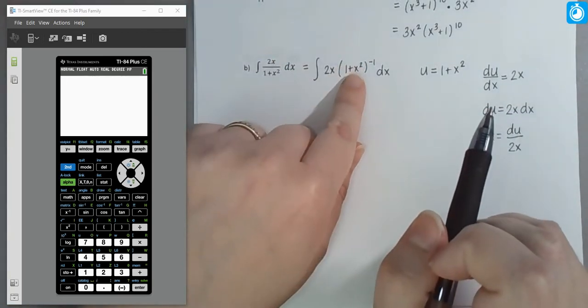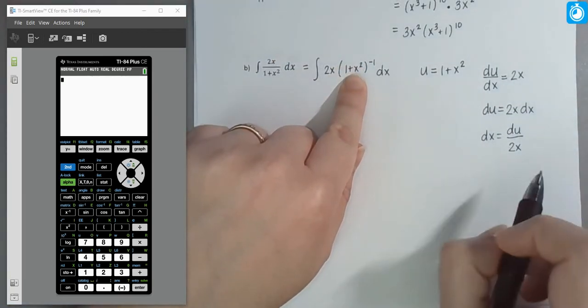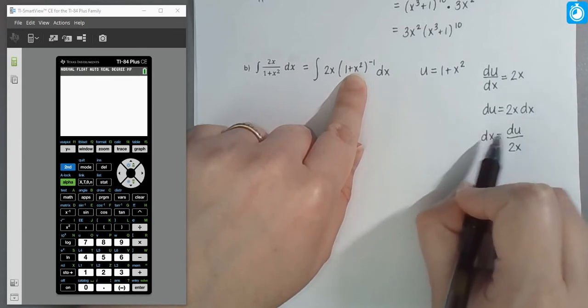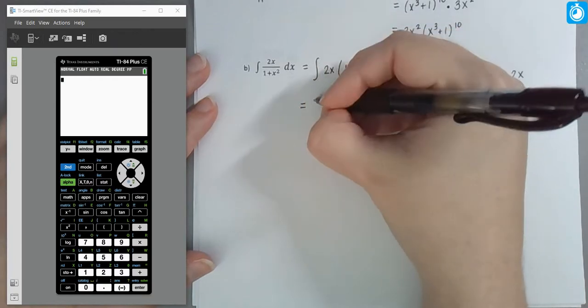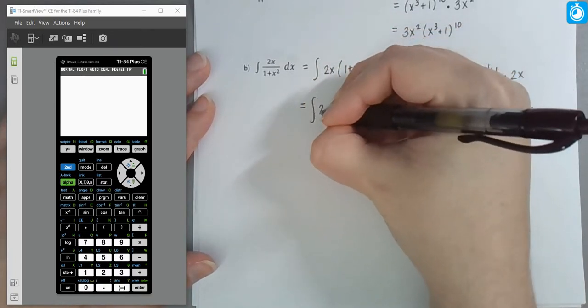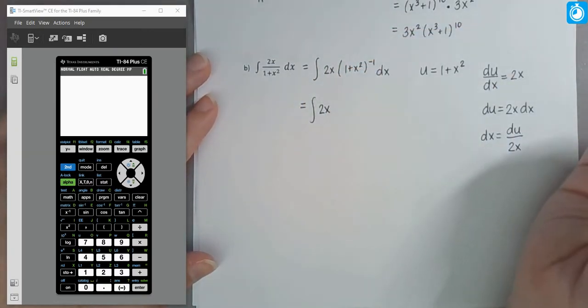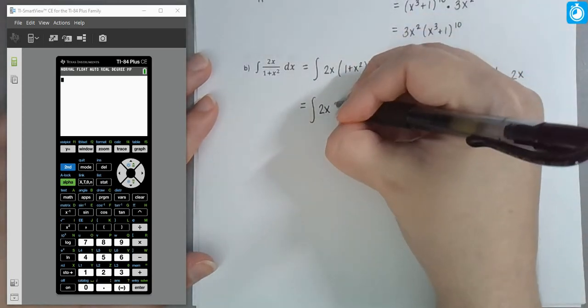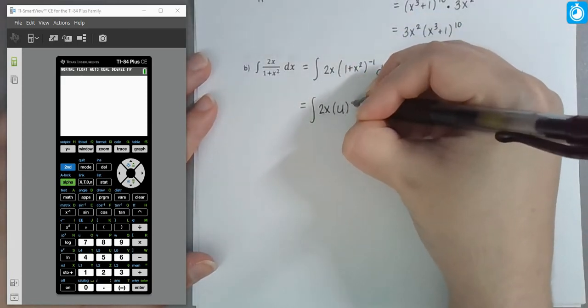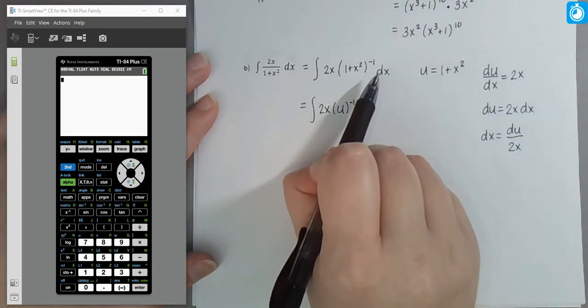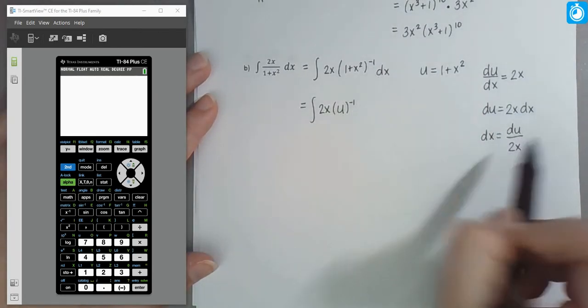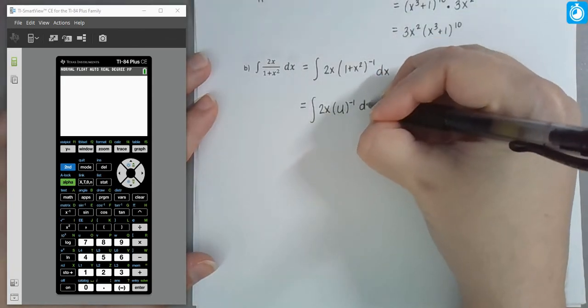So not only am I going to replace my inner function, but I'm also going to replace my differential with du over 2x. So let's make that substitution. We still have our 2x out front, but remember, everything worked out the way it needed to in the end for the previous example. So that leaves us with u to the negative 1 times dx, which we're replacing with du over 2x.